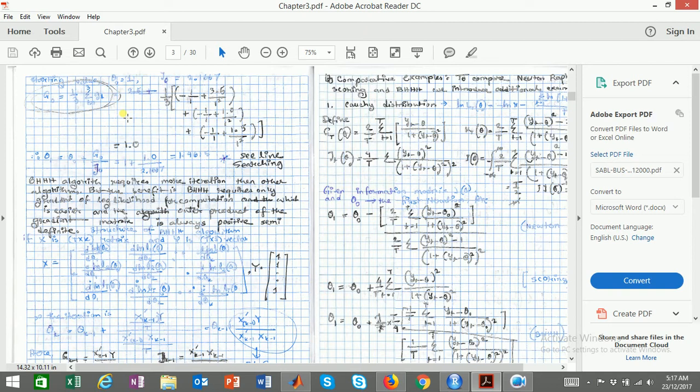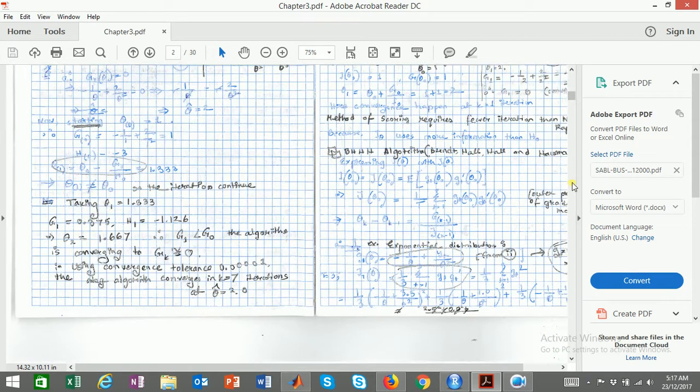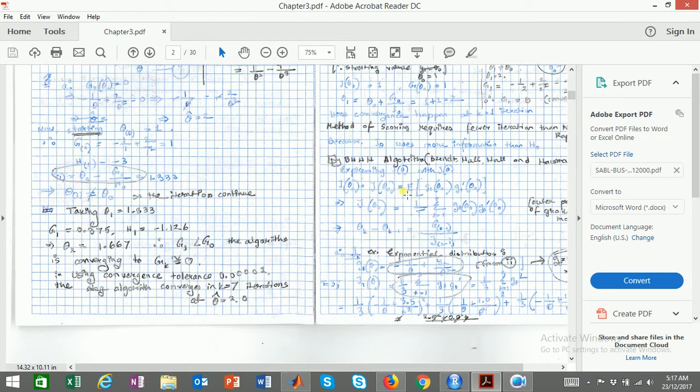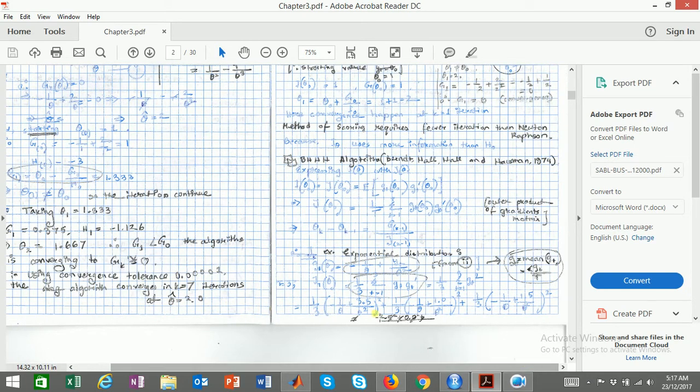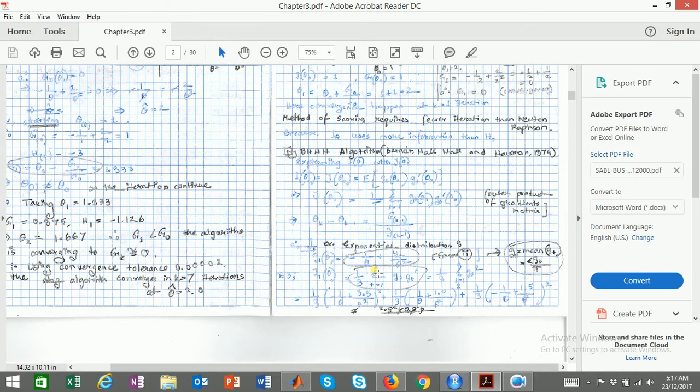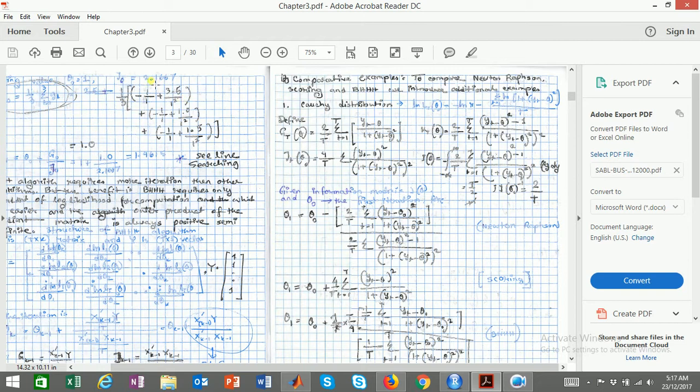The gradient vector itself at theta naught equals 1 is 1, where J naught is 2.1667. When you solve this, you'll see that 2.1667 and 1.